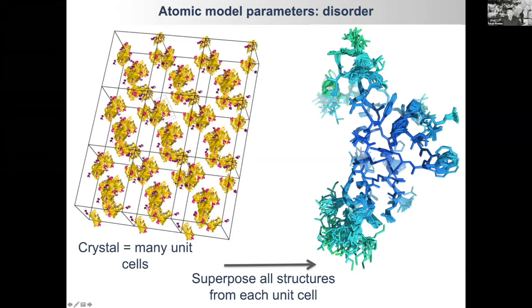So if you think about it, it's basically if you take each structure from each unit cell of the crystal and superpose them, you'll get something like this. In most places, you'll have a very good match, and some atoms are going to be different across all unit cells. And that's basically what we call disorder.